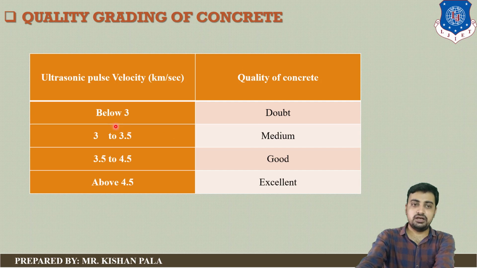For example, an ultrasonic pulse velocity below 3 km per second means the quality of concrete is in doubt. If the ultrasonic pulse velocity is between 3 to 3.5 km per second, your concrete mass is of medium quality.